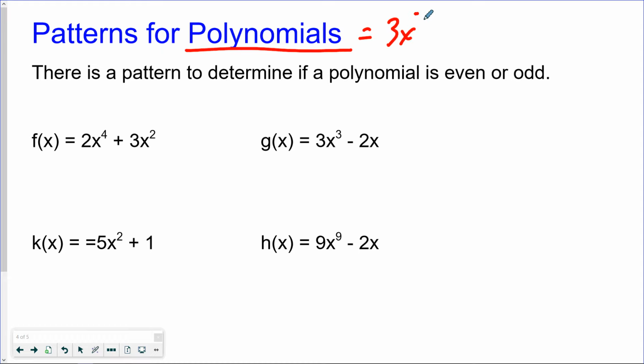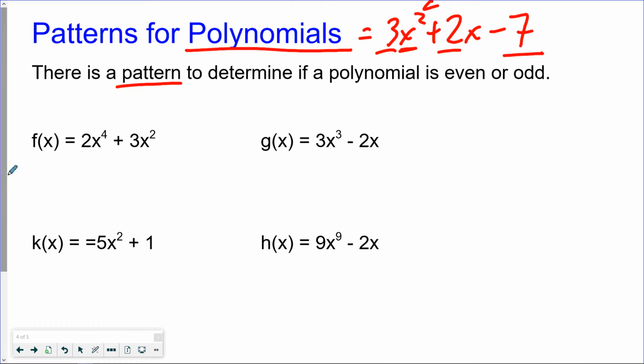It's just coefficients, and then variables with integer, meaning whole number, like 2, 3, 4, 5, with integer exponents. No 1/2, no absolute values, no square roots. Those are not polynomials. Polynomials are x squared, x to the third, x to the ninth, things like that. So for a polynomial, we're going to use a pattern to determine if a function is even or odd.